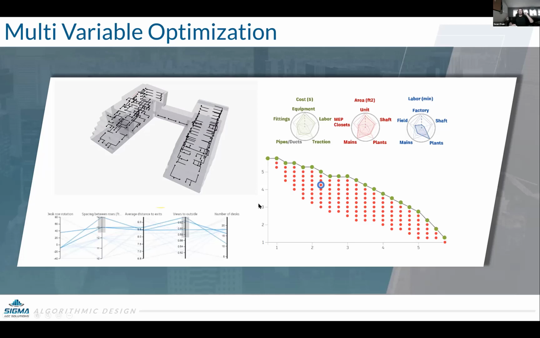So I might have energy efficiency on the y-axis, and I might have cost on the x-axis, right? So my cheapest would be the lower right one. My most energy efficient one would be the top left one. But if I pick any of these red ones, then it's really a stupid decision. It's not an optimal solution.